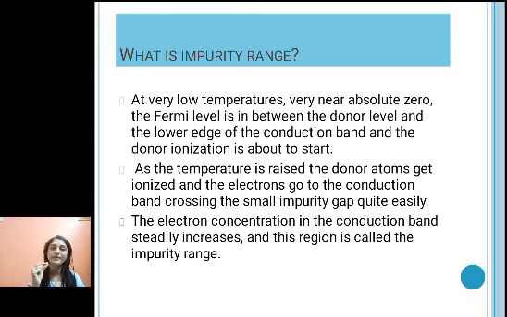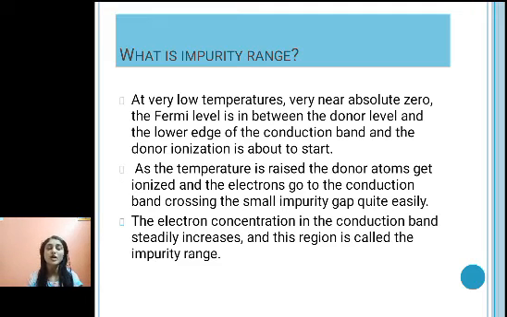As the temperature is raised, the donor atoms get ionized, and electrons will go from the donor level to the conduction level, and that is how conduction takes place. There is a very small gap between the donor level and the conduction level. So even if the temperature is raised a little bit, the electrons from the donor level can go to the conduction level.